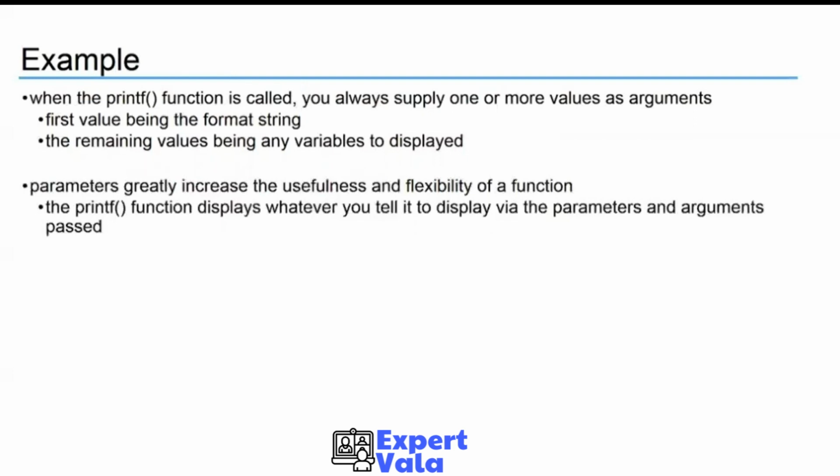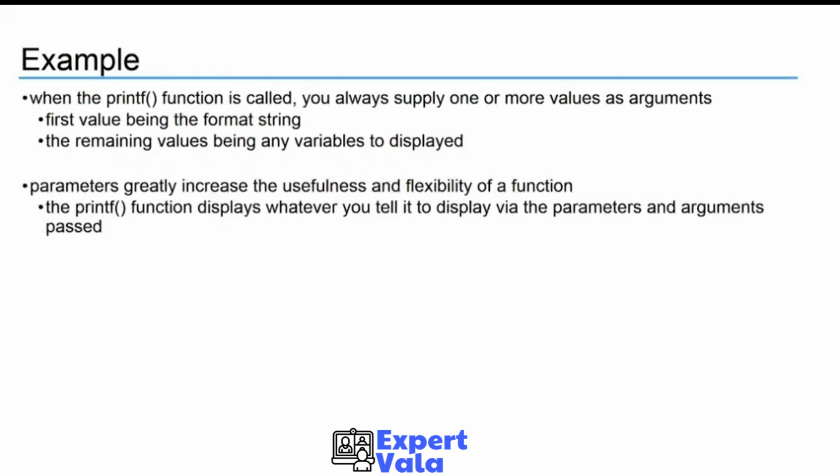It was very static. It did the same thing every time you invoked it, but if you had a function that took data, then you can control what's displayed. So just like the printf function, if it didn't have parameters, you would not be able to tell it what to display. If you didn't accept data, you would not be able to say, hey, display this variable or display this string. It would not be very useful.